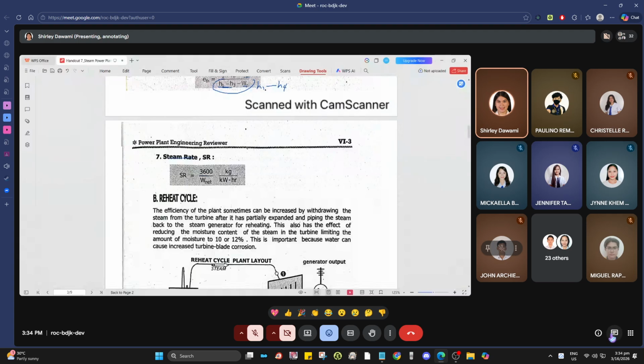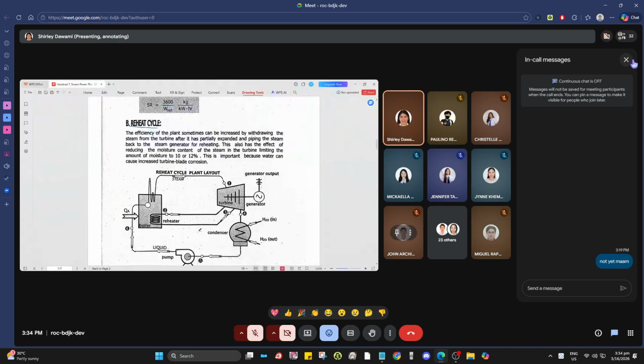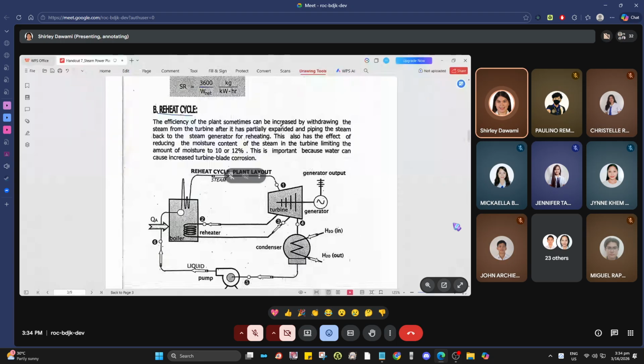Okay. So next we have reheat cycle. Okay. So the efficiency of the plant sometimes can be increased by withdrawing the steam from the turbine after it has partially expanded and piping the steam back to the steam generator for reheating.